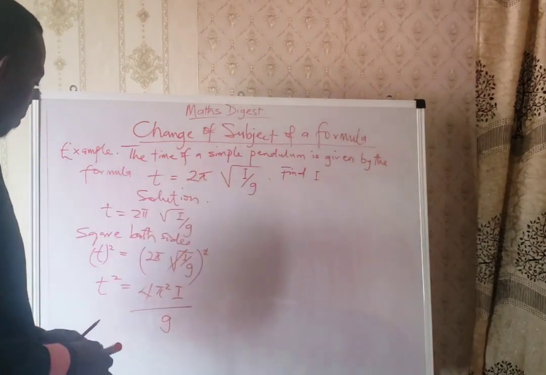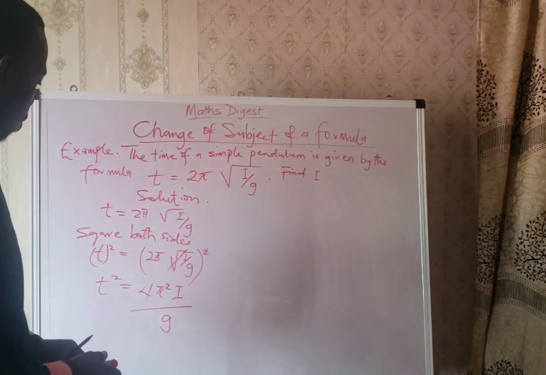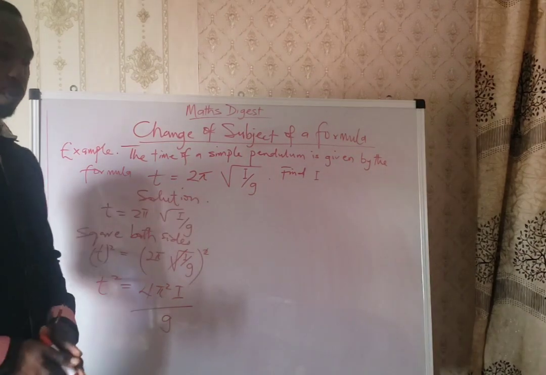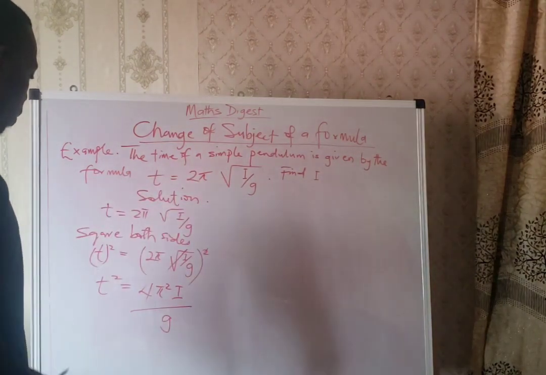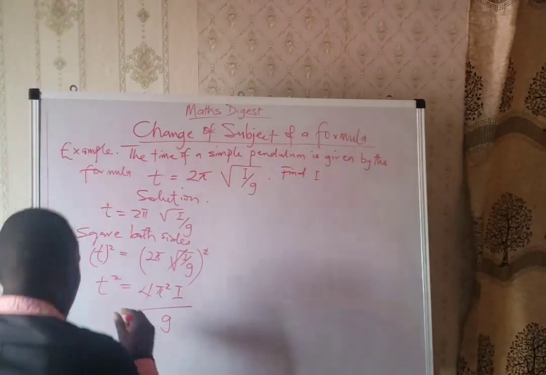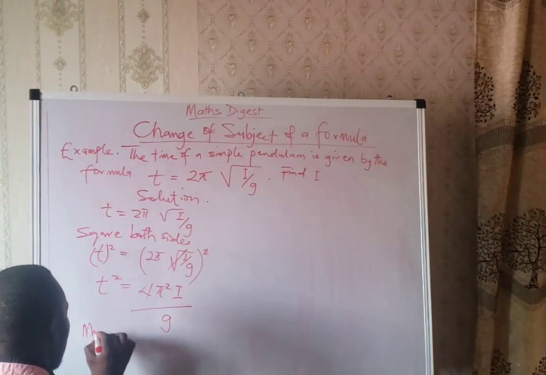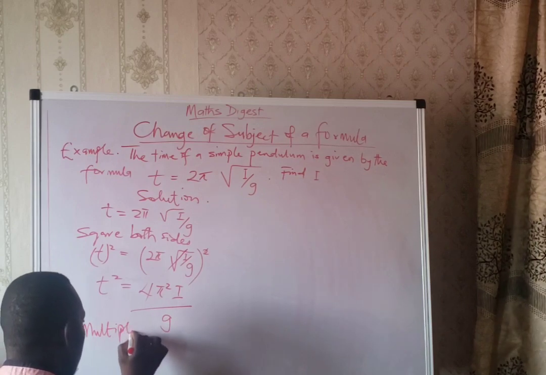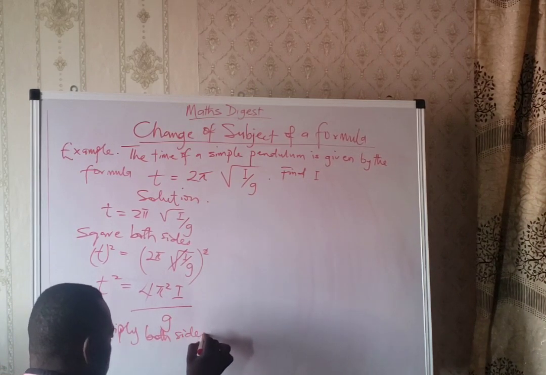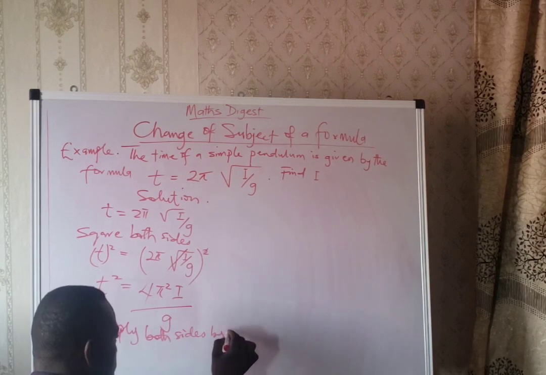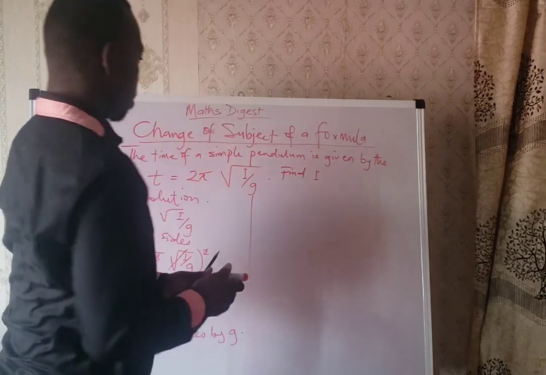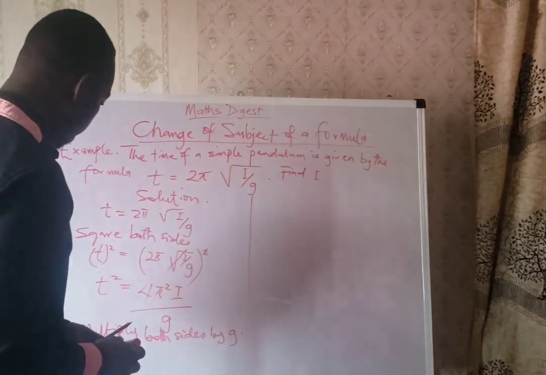So this is the first step. Now, the next thing we are going to do: since we are having division here, we multiply. So we quickly say multiply both sides by g.